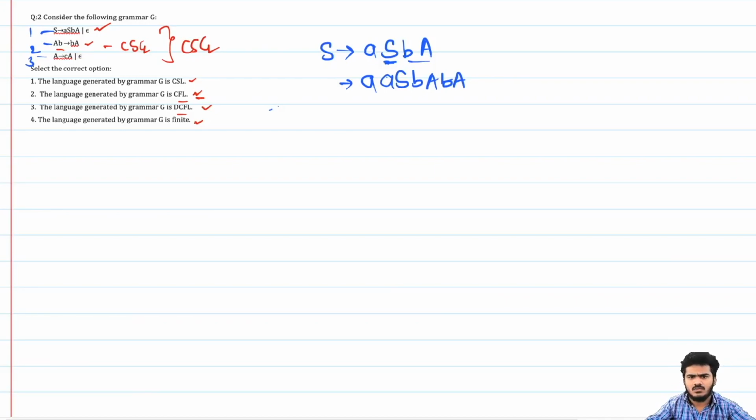Now what we will do, instead of this S, I will now put epsilon, so it will become ABABA.